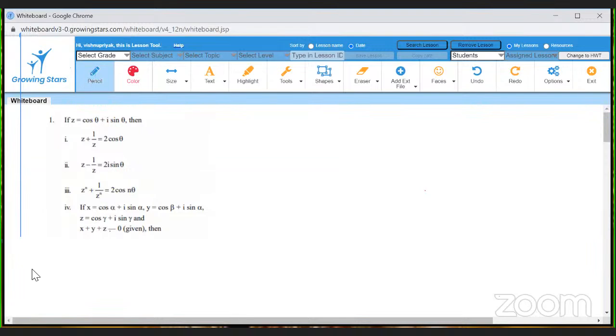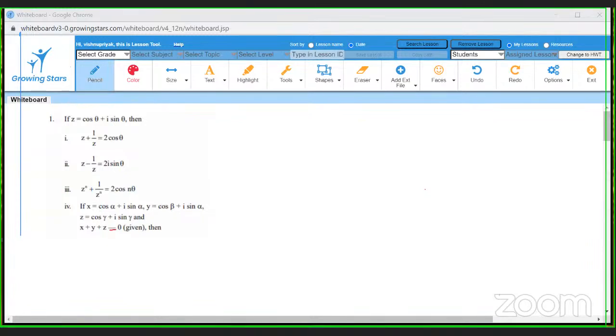But as I told you, if you want to learn them by heart, then you have to take some examples and do them. At present, I'm just putting the formulas on the board. Let me first put all the shortcut formulas.